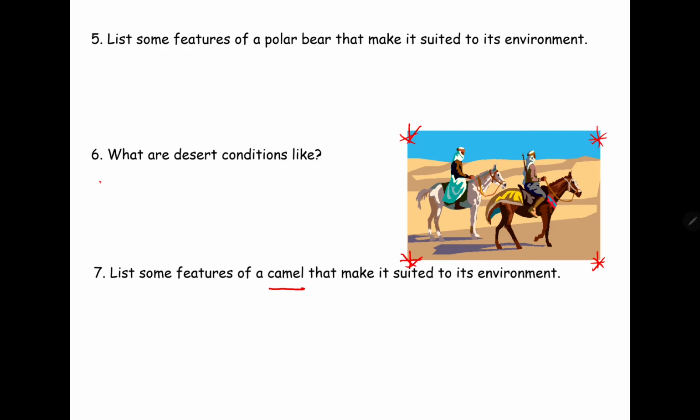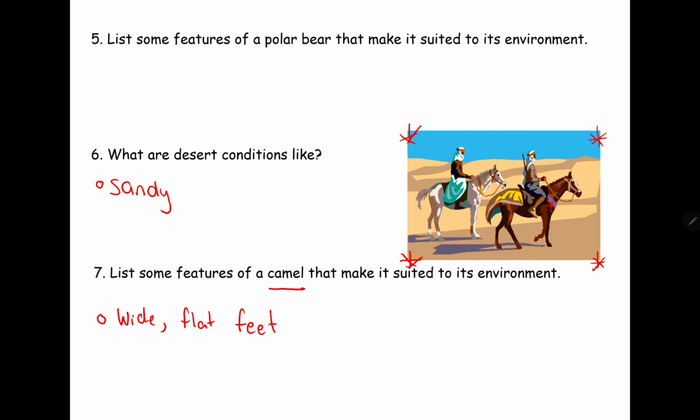Desert conditions, we know that they are sandy, and so that a camel is able to adapt in that, it has got wide flat feet, and they stop the camel from sort of sinking into the sand.